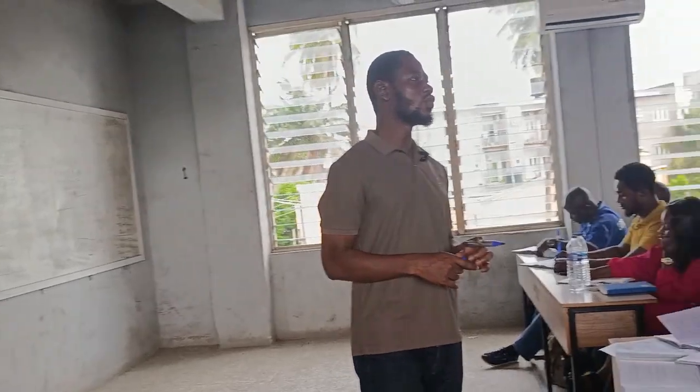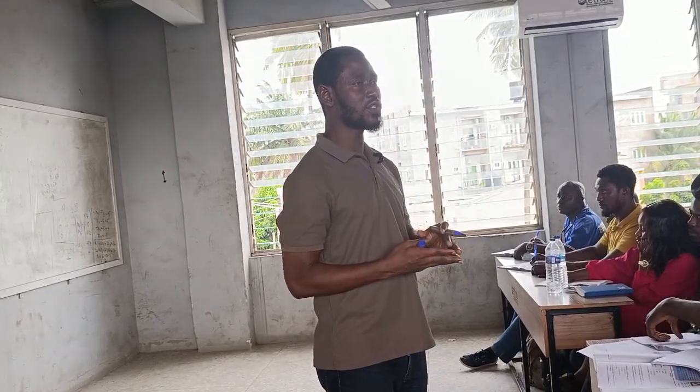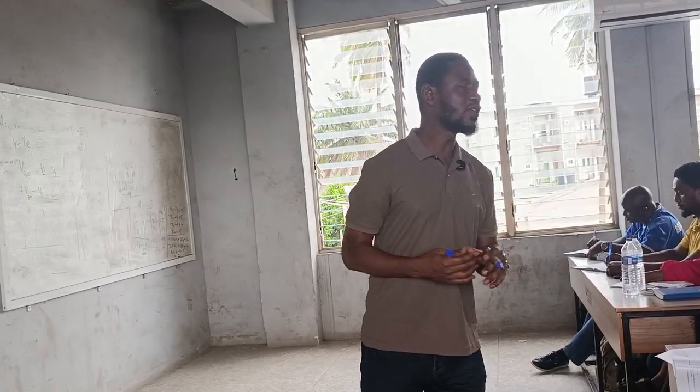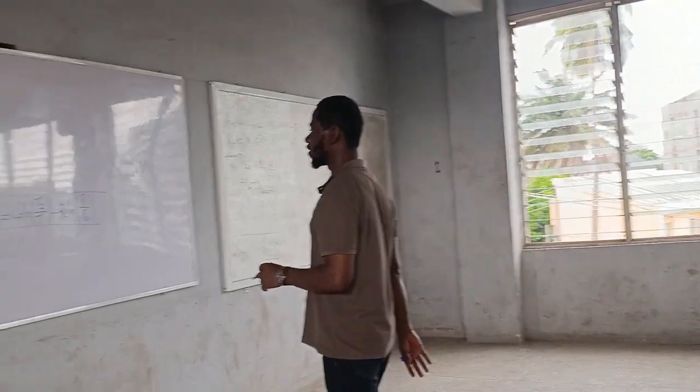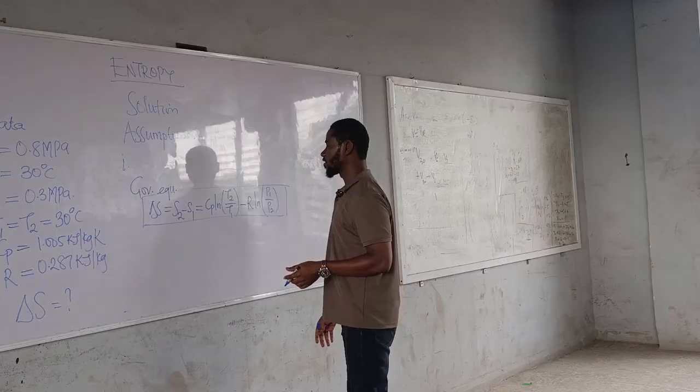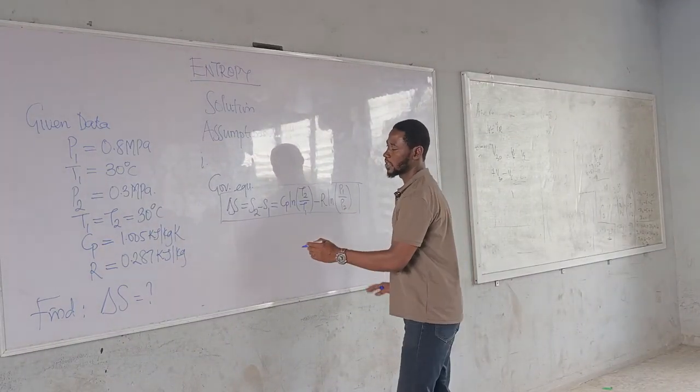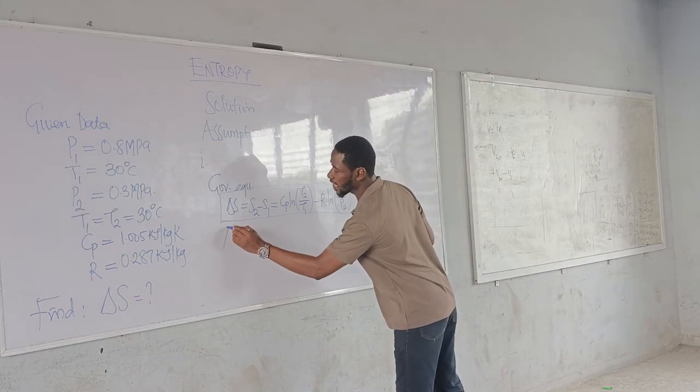So the next thing we are going to do now is to insert some of the values that are given in the question. Cp is given, R is given, temperature is given. So let's insert them into the governing equation.